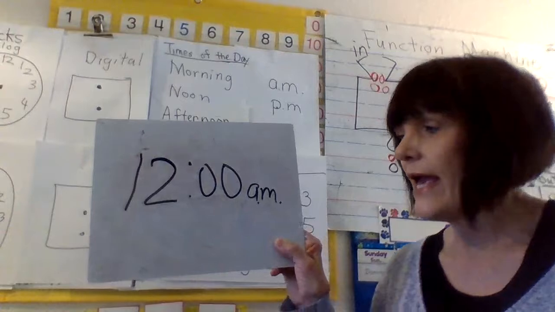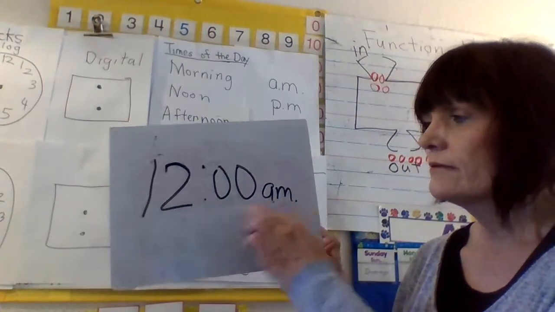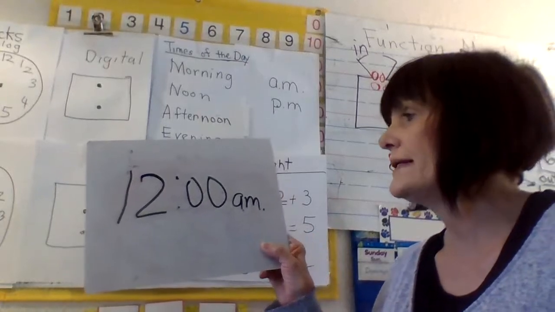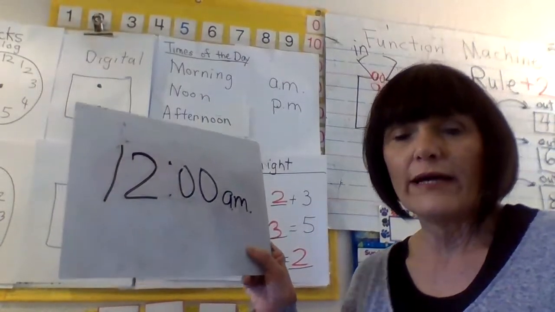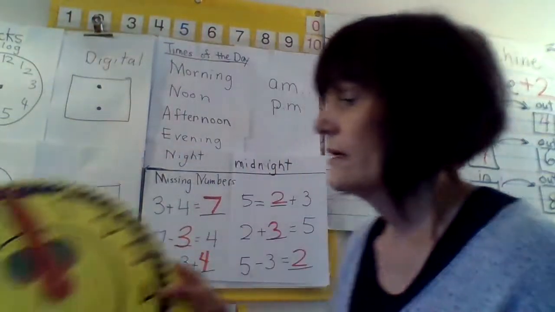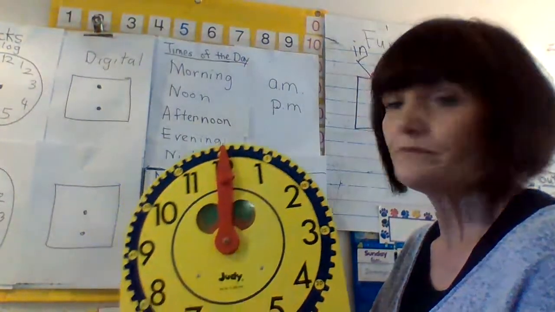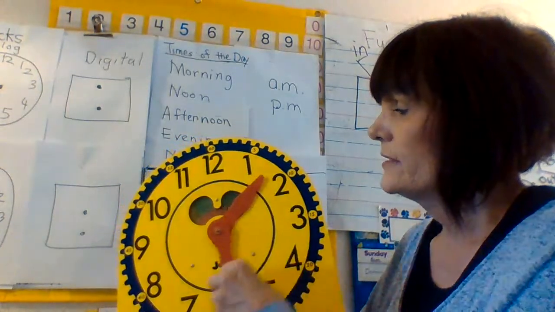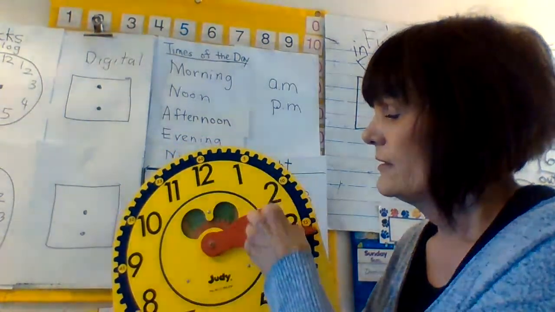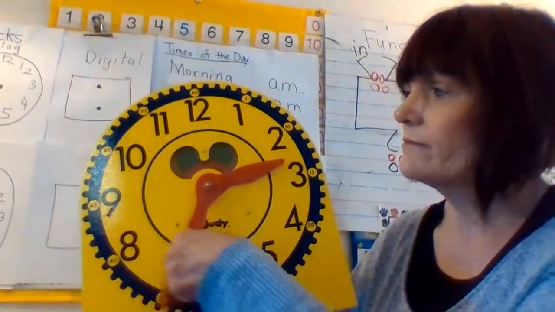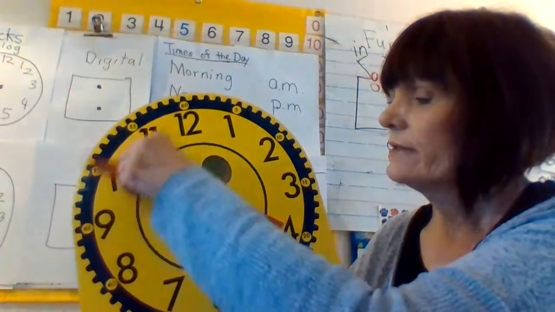All right, it is AM. 12 a.m. is called midnight. Isn't that crazy? All right, middle of the night. All right, here we go. Keep turning. 1 a.m. 2 a.m. Oh, 2:30 a.m. Wow, 2:30 a.m. All right.